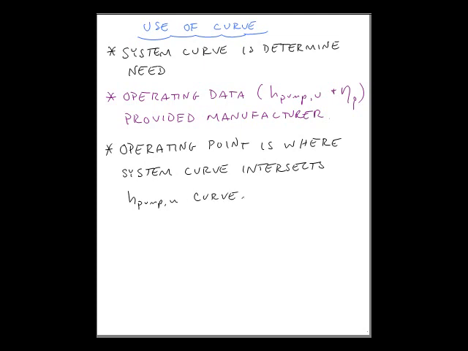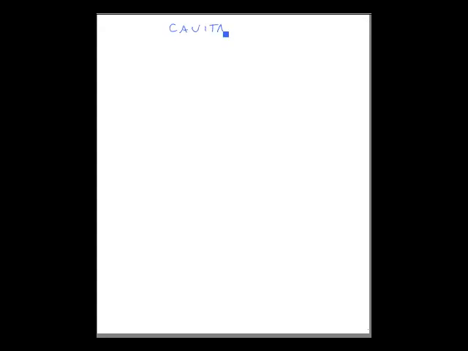Okay, and lastly, one of the concerns in the design is putting saturated liquid at most into my pump. That is because pumps cavitate. Cavitation, this is section 9.4 in your text.